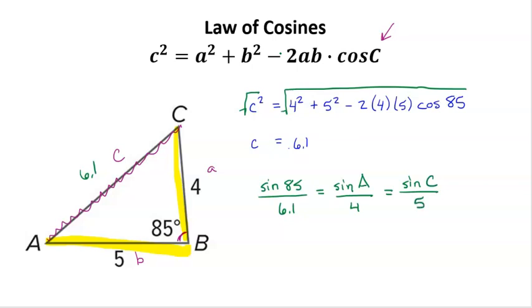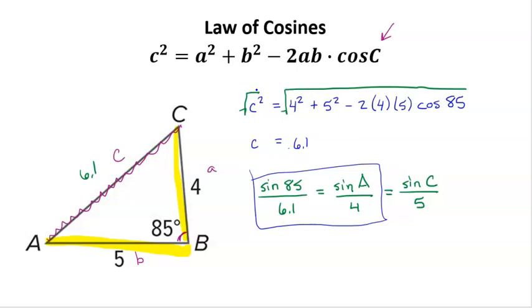And so I would be able to use these proportions to cross multiply, find out what that angle is, and then once I find out my second angle, I already know how to find my third angle.